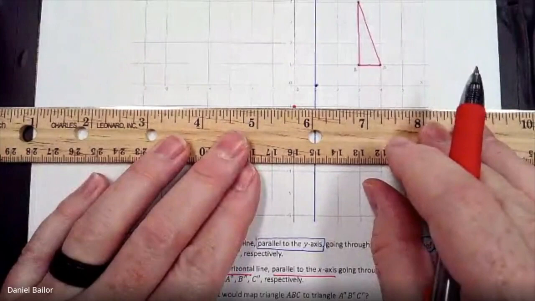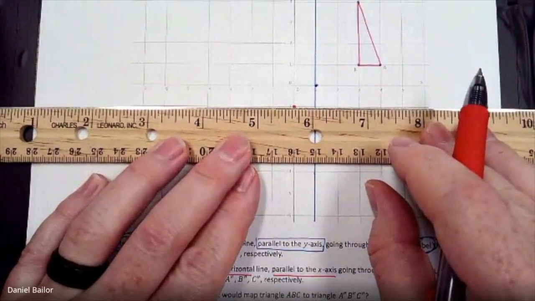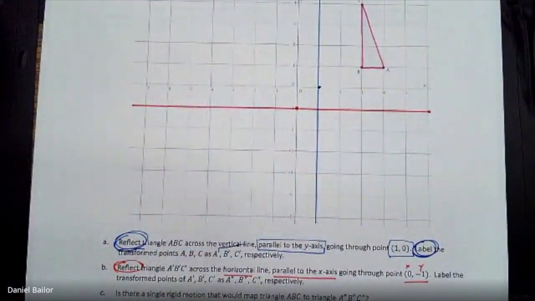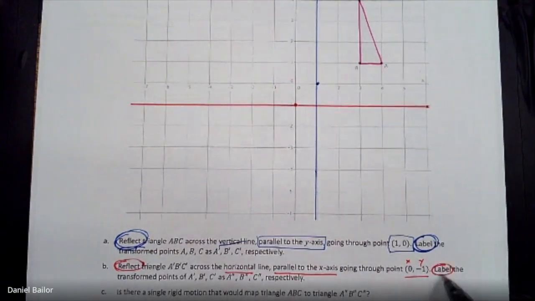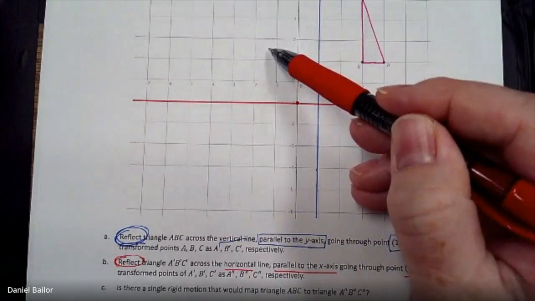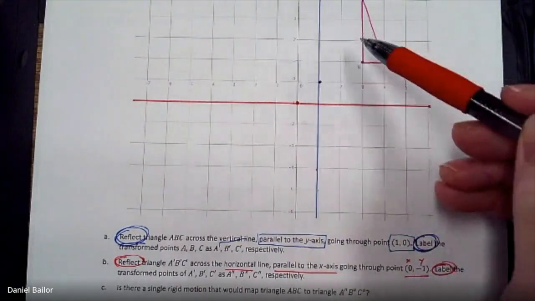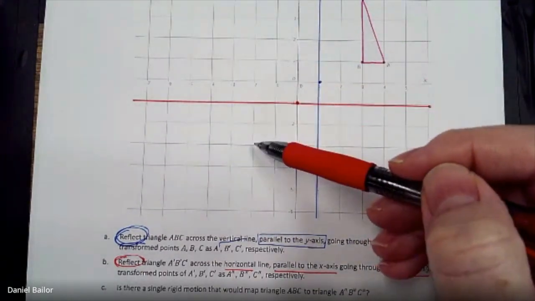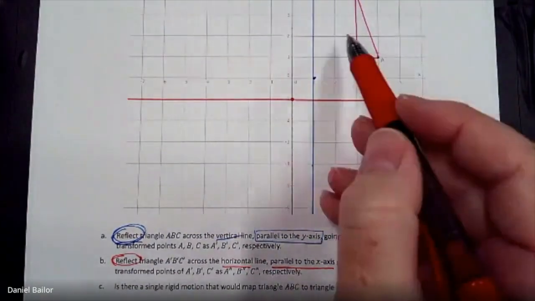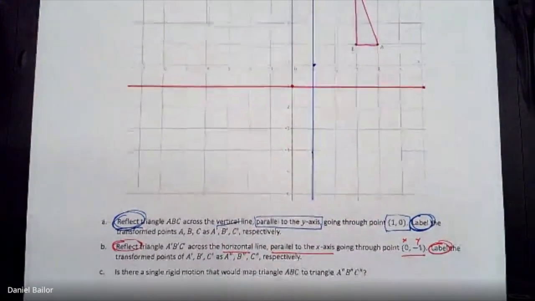So if it has to be flat like this, parallel to x, and touch that point, that's your line for number 2. And then remember, label. So you're going to reflect it one time over the blue line, and then reflect the new image again over the red line. So you're going to do prime and then prime prime.